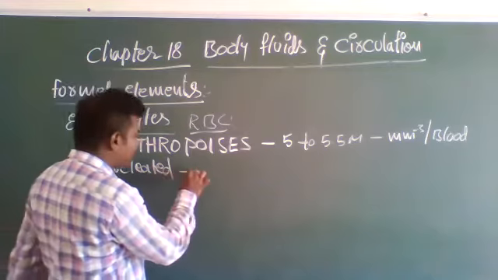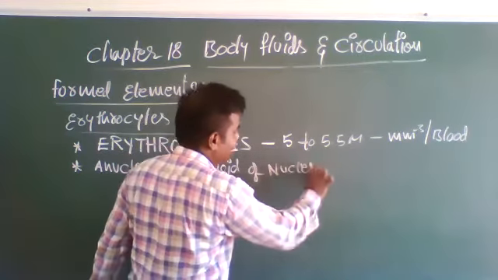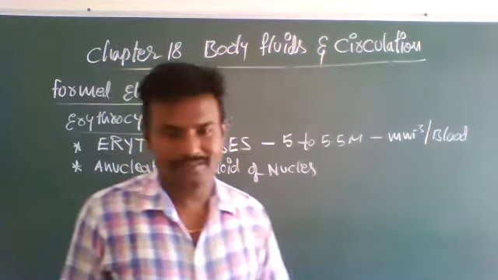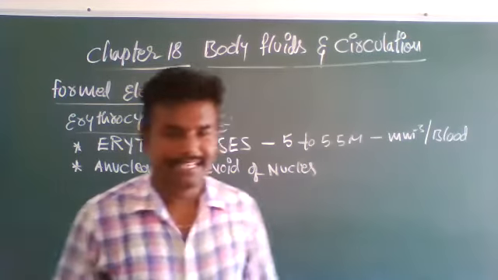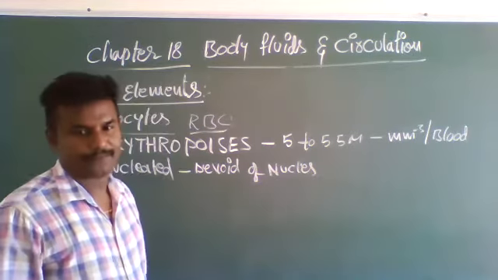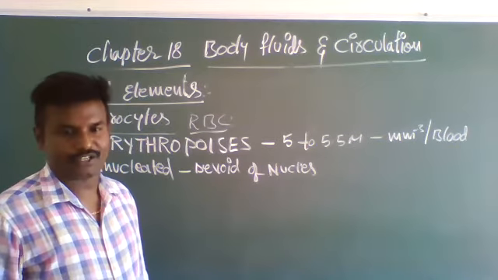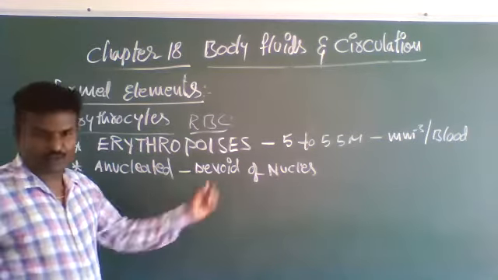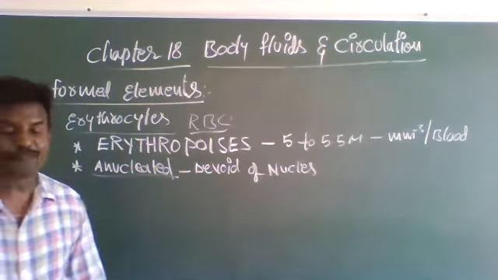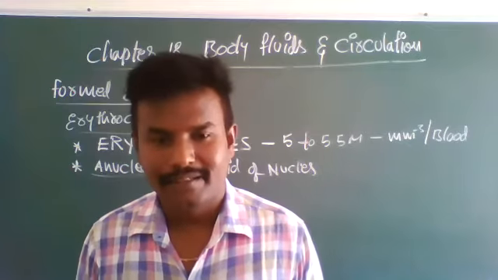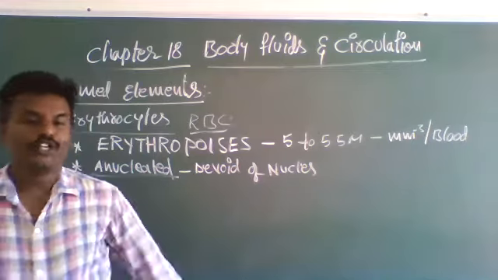Except camels, reptiles, amphibians, etc., red blood cells are devoid of nucleus. Anucleated means absence, devoid means absence. Except camel, reptiles, amphibians. You have to remember that.